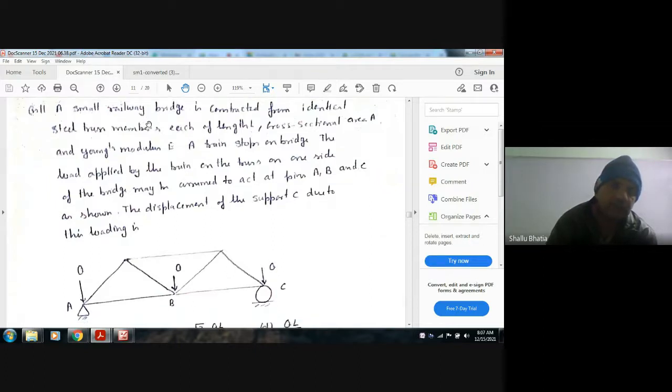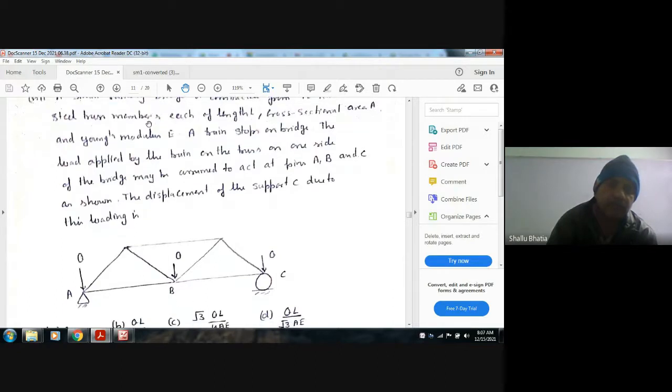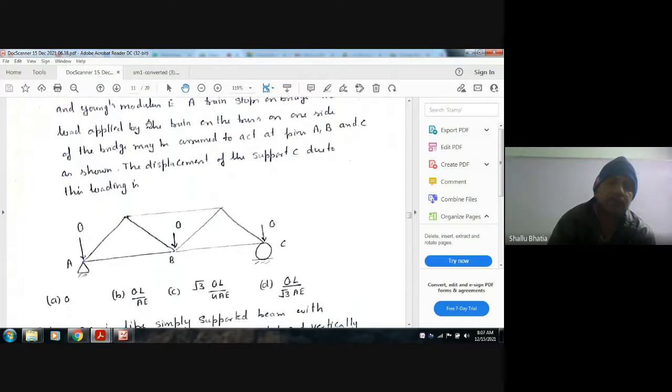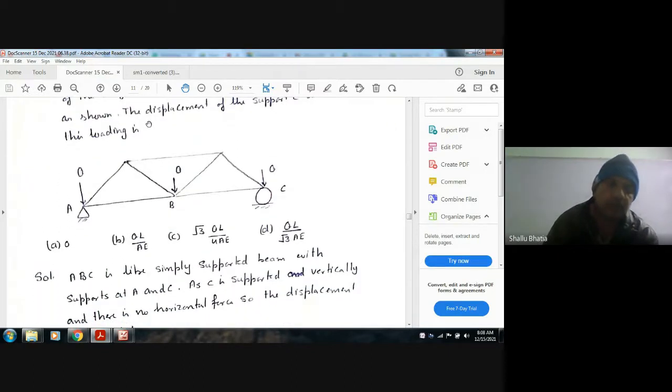The load applied by the train on the truss on one side of the bridge may be assumed to act at pins A, B, and C as shown. The displacement of support C due to this loading: option A 0, option B QL by AE, option C root 3 QL by 4 AE, option D QL by root 3 AE.